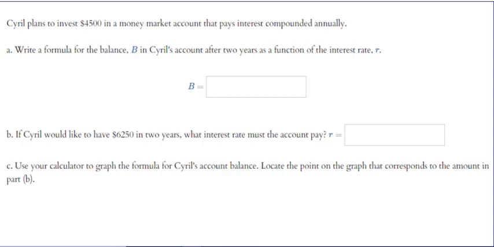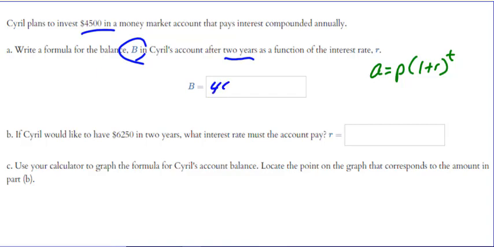So it's A equals P times 1 plus r raised to the t. That's compounded interest, annually compounded. Because they said 2 years, and we started out with 4,500, it'd be B equals 4,500 times 1 plus r raised to the 2.